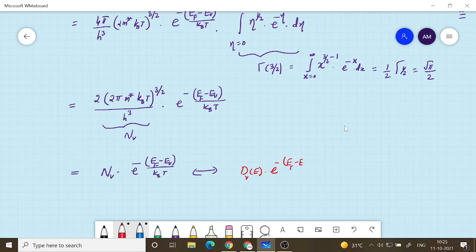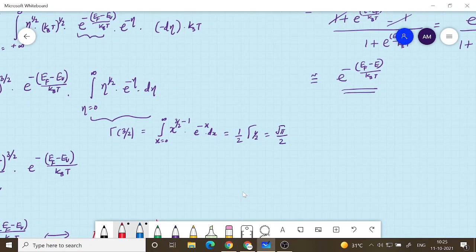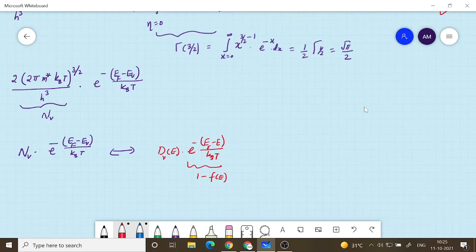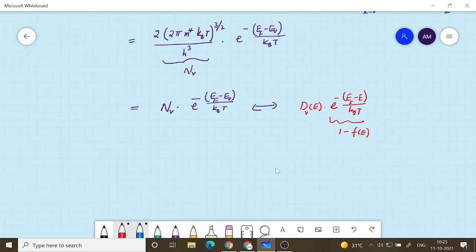EF minus E by kBT. So this was basically the 1 minus f of E approximation. It was e raised to minus EF minus E by kBT. Yeah, this one. So this was our density of states, and this was the probability of not occupying the state.